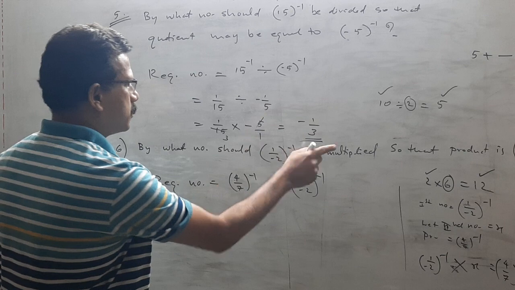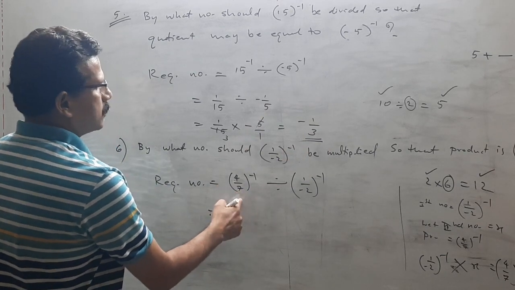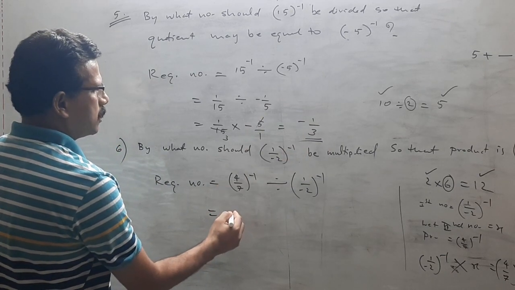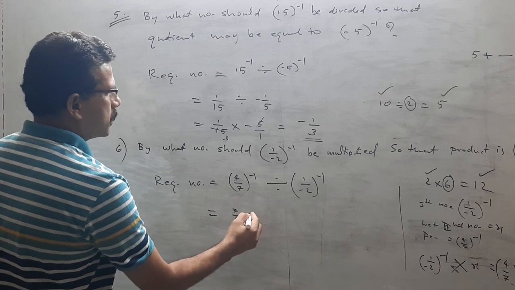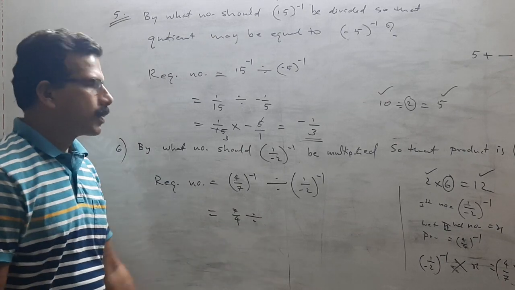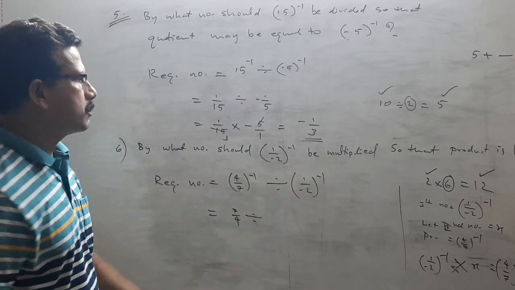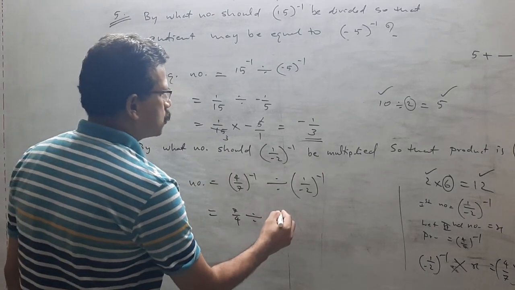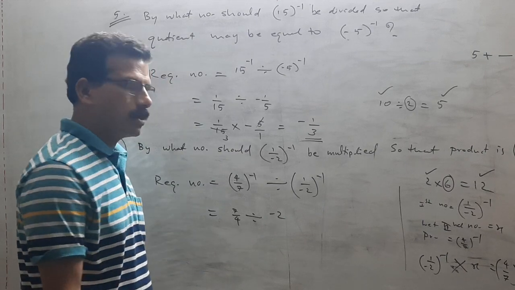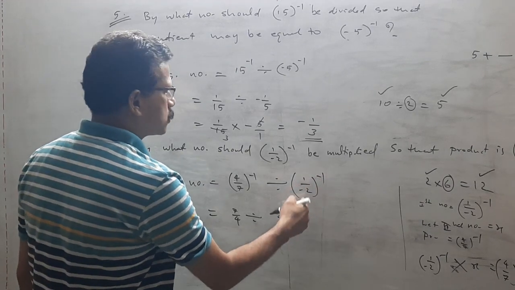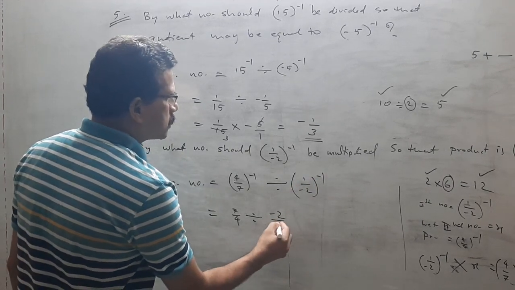Required number is the product divided by this. 4 by 7 to the power minus 1, that is 7 by 4, divided by 1 upon minus 2 to the power minus 1. Power minus 1 becomes minus 2 by 1, minus 2. That would be power minus 1, minus 2 by 1. If you want we can write it, but it is not at all necessary.